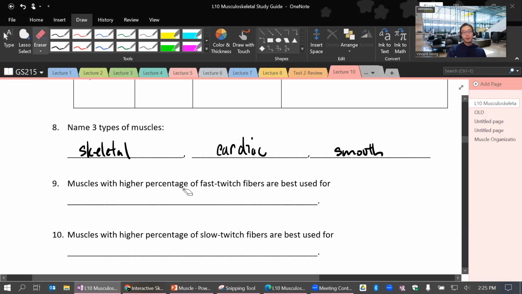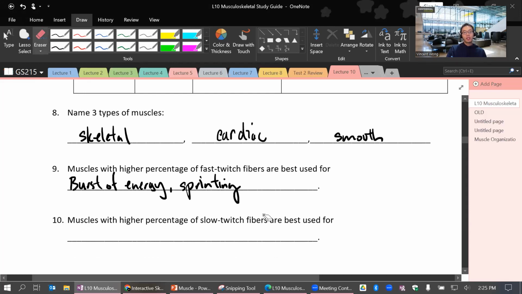So muscle with a high percent of fast twitch fibers is best for bursts of energy: sprinting, jumping out of the way if something dangerous is approaching you.